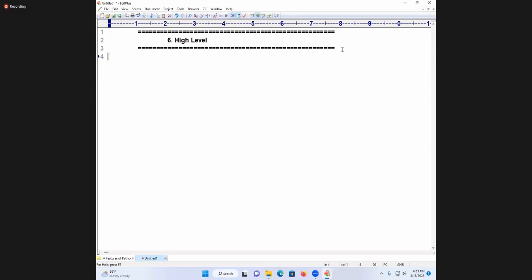As far as this discussion is concerned, in IT we have two types of languages available. One is low level programming language, and the second one is high level programming language.